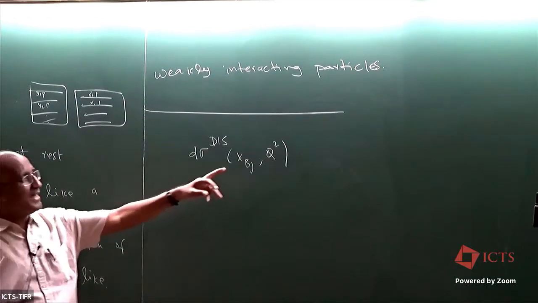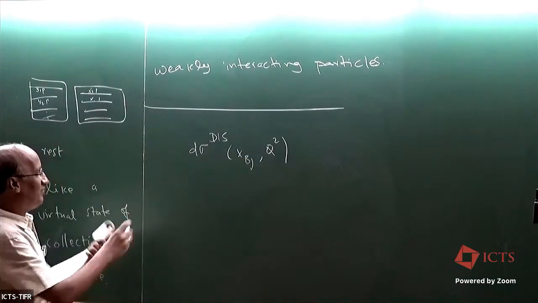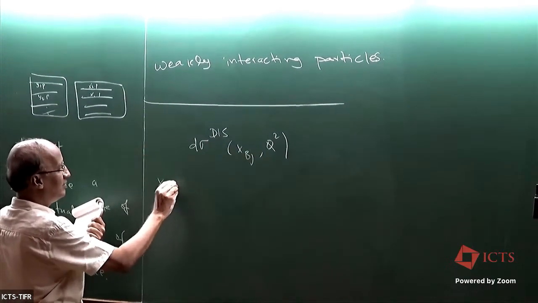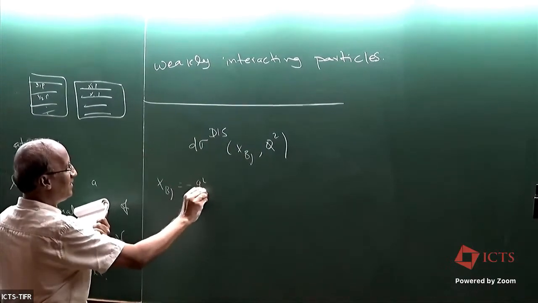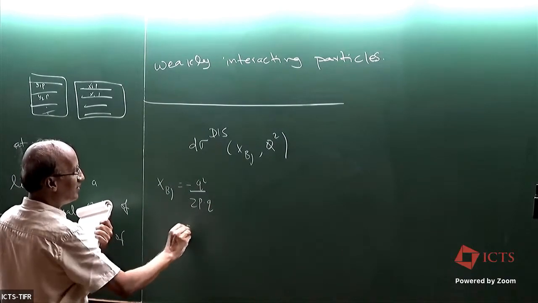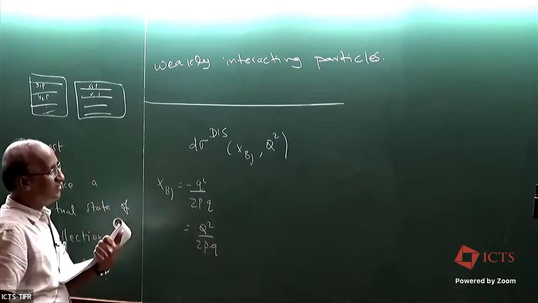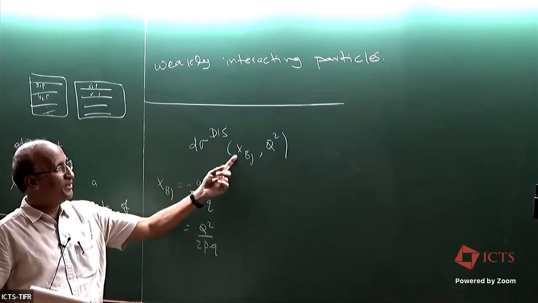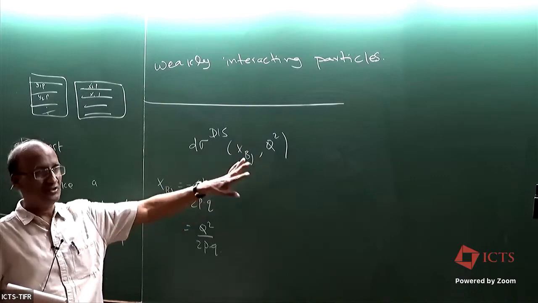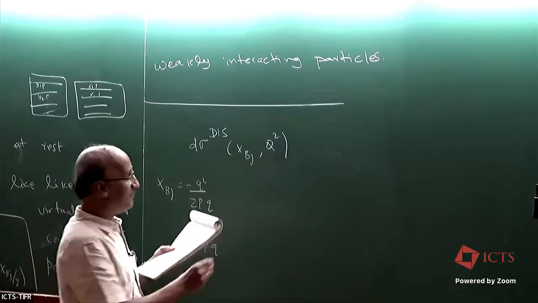This is minus q square. Xpj is q square by 2p dot q. So instead of writing p dot q and q square, I've written it this way. This is the most convenient way of writing.